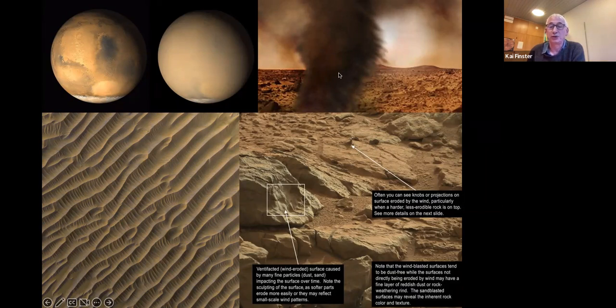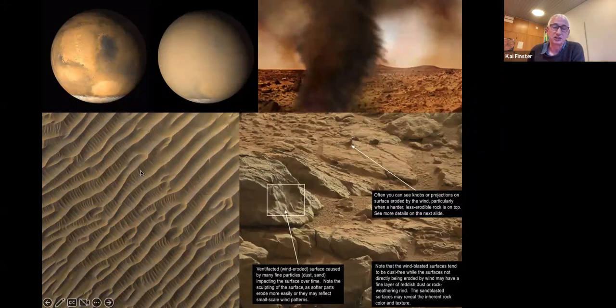Another phenomenon that has been observed frequently, I think this is a picture taken by the Spirit rover, is a dust devil just passing by the rover. You can see that dust is levitated here, and all kinds of processes can take place between the particles. Another example of wind effects are dunes, and they only form when there's wind present.